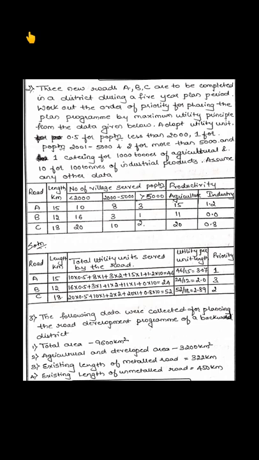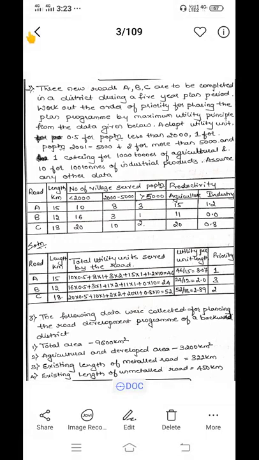Number of villages served by population: they categorize villages with population less than 2000, between 2000 to 5000, and above 5000. Villages with population less than 2000: for A it is 10, for B it is 16, for C it is 20. Population between 2000 to 5000: for A it is 8, for B it is 3, for C it is 10.